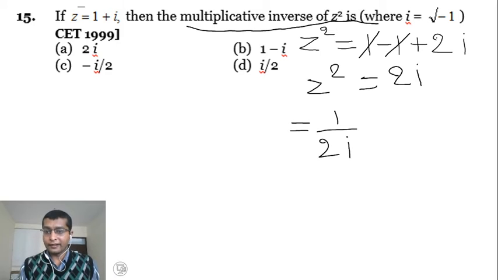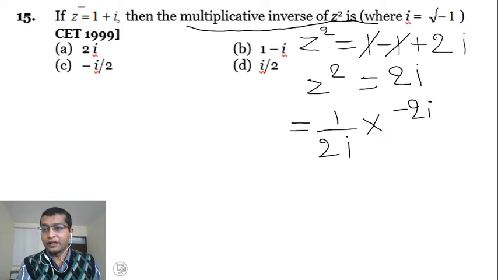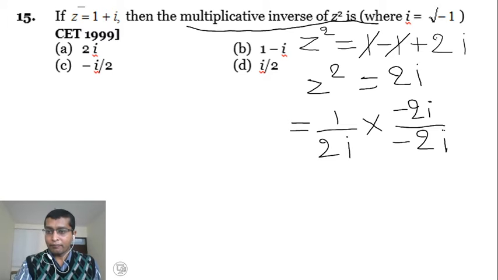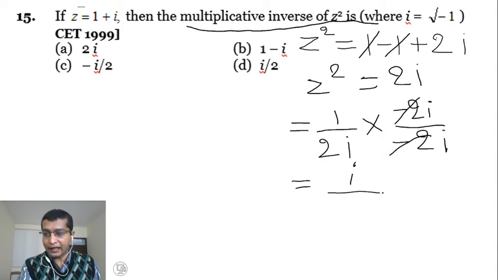So 1 by 2i. Now i is present in the denominator, so as all of you know, we have to do rationalization. The conjugate of 2i is minus 2i. We multiply and divide by minus 2i. Then further minus 2 cancels. Numerator: 1 into i, we get i.